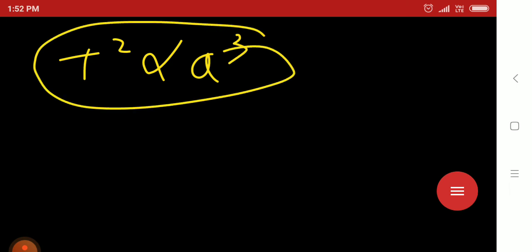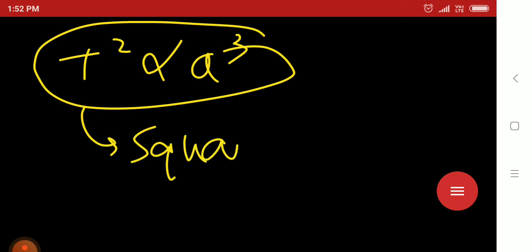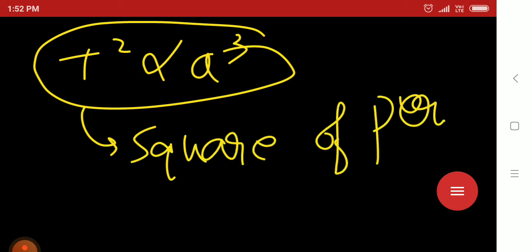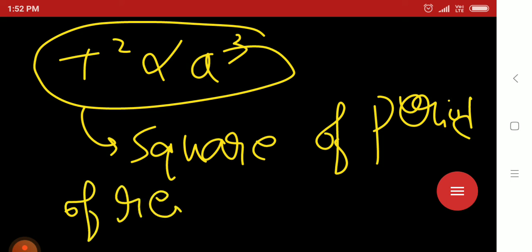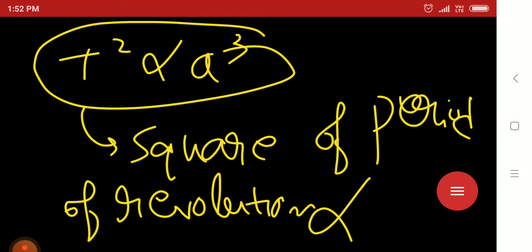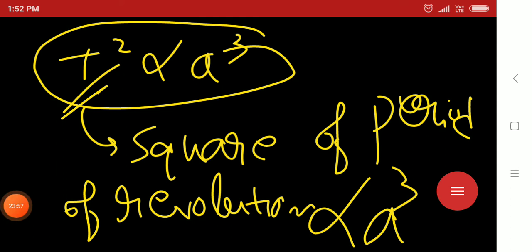It states that the square of the period of revolution of a planet around the sun is proportional to the cube of the semi-major axis of the elliptical orbit. So this is actually the formula for Kepler's third law.